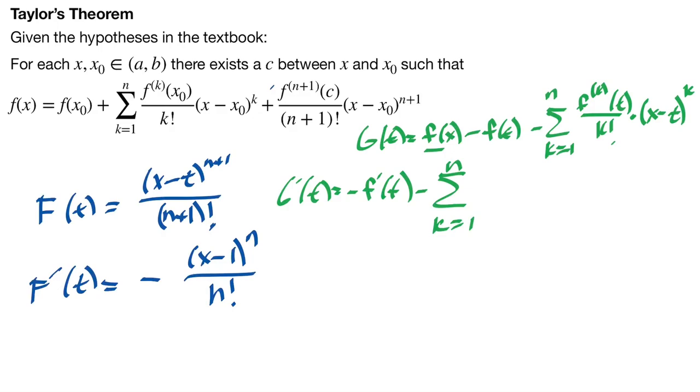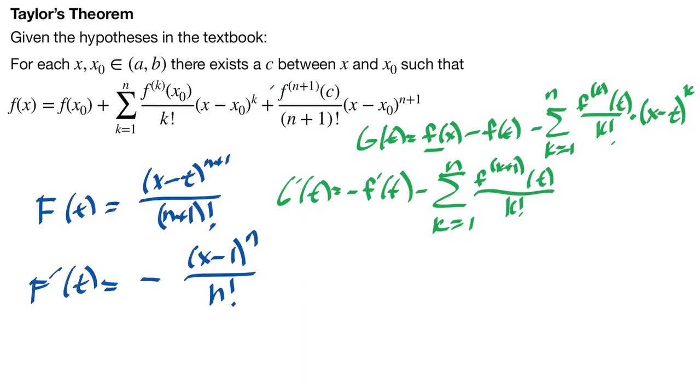Okay, so if I take the derivative of the first, I get the k plus 1 derivative of f at t, and then over k factorial. So those are just constants, so the k plus 1 doesn't... It was real tempting to me to treat this like a power and do k minus 1.